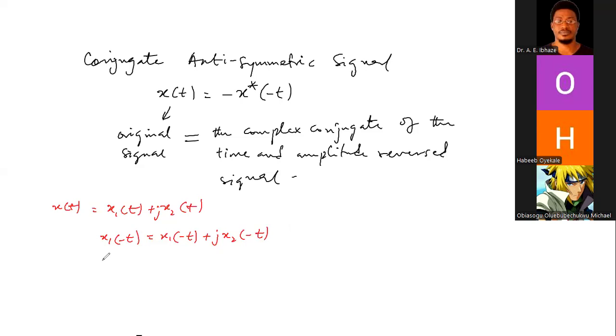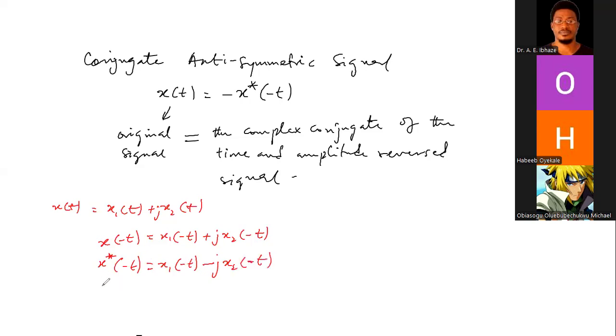So the conjugate of the time reverse signal will give us S1 of minus t minus j S2 of minus t.